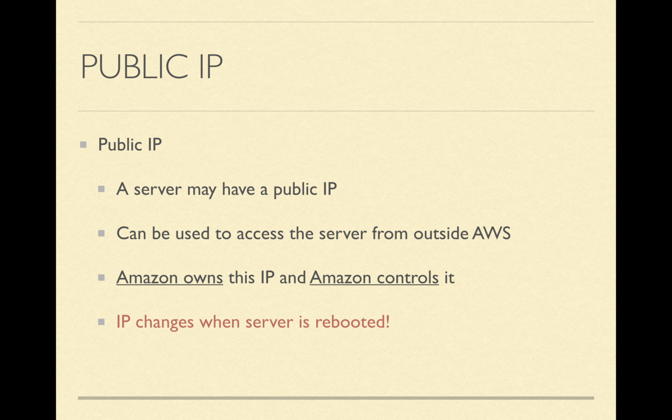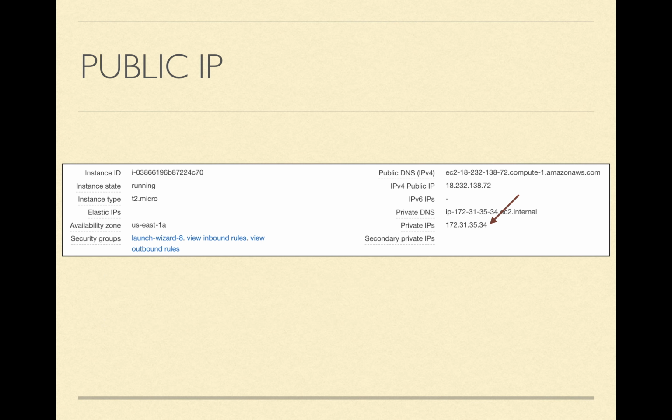The big thing that's really important is that Amazon owns this IP and controls this IP. So that means when the server is rebooted, the IP will change because Amazon reserves the right to deassociate and associate that IP with another resource in somebody else's account, because Amazon owns and controls the public IP.